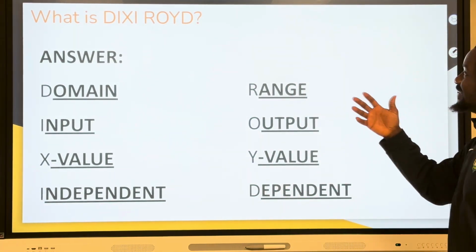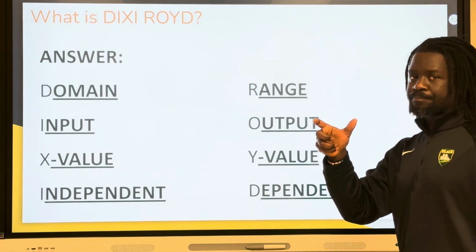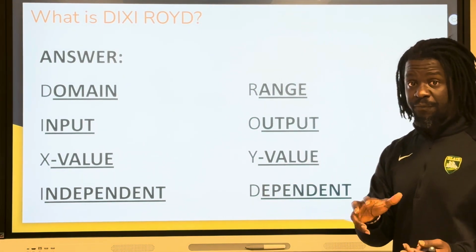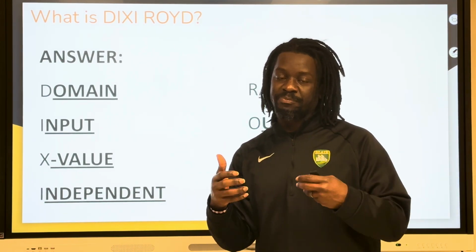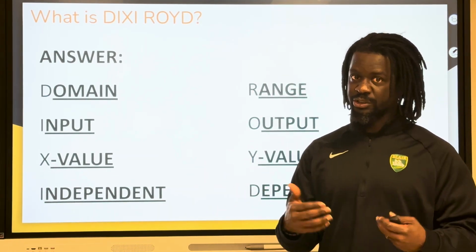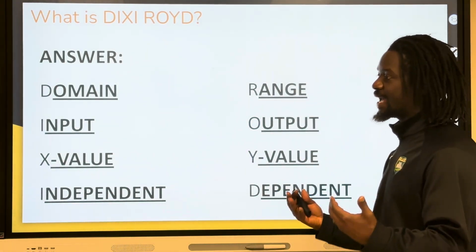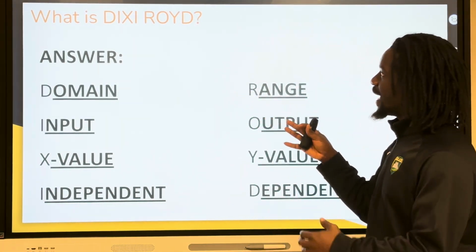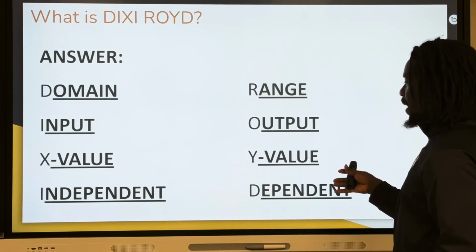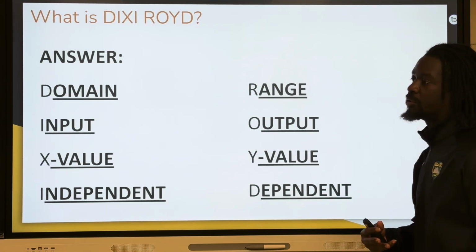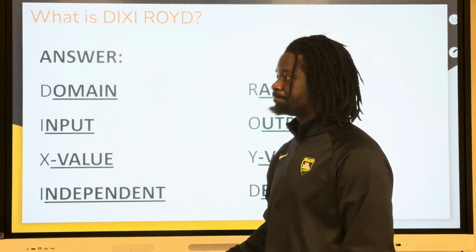So Dixie-Roy helps you know the names for the two variables in the relationship. Functions are two numbers that have a relationship, and domain and range, input and output, x value and y value, independent and dependent variable are different ways to describe that relationship.